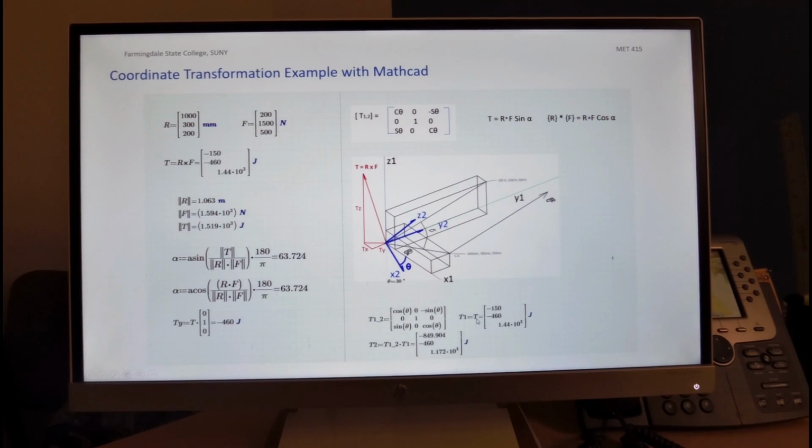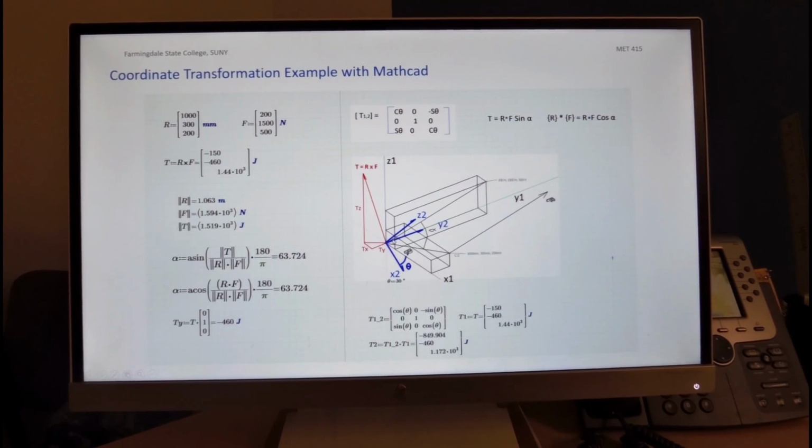We'll assign the old values, here they are, and then to find the reflection of this vector in coordinate system 2, we take this transformation matrix and multiply it times the vector t as shown in coordinate system 1, and the result will be the same vector expressed in coordinate system 2.